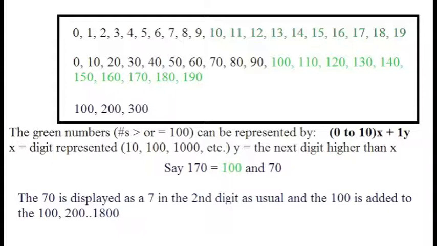For the ones, I need to identify the numbers from 0 to 19. For the tens possible products, I need to identify from 0 to 190 in consecutive multiples of ten. And for the hundreds, I need to identify 100, 200, and 300. You could adapt this to cover from 0 to 1,900.